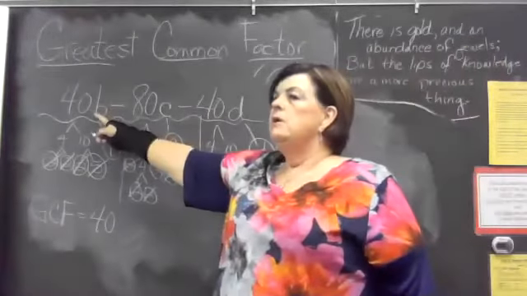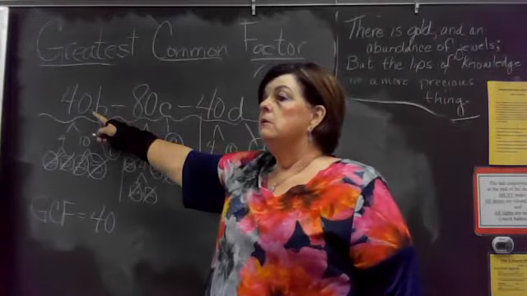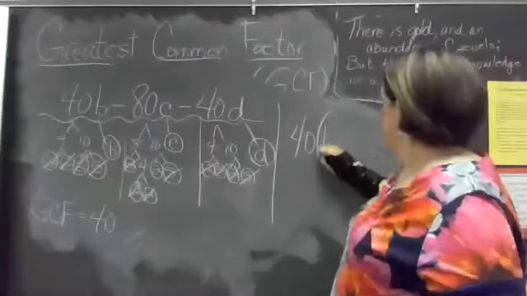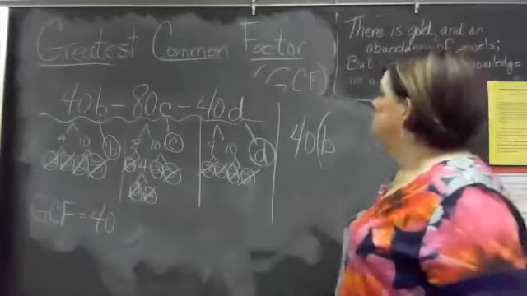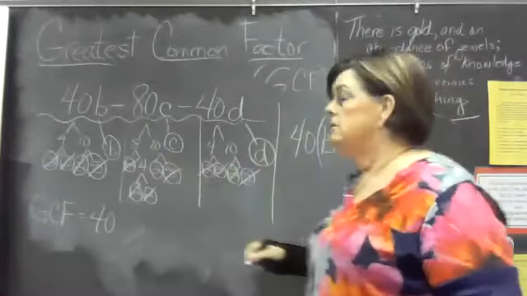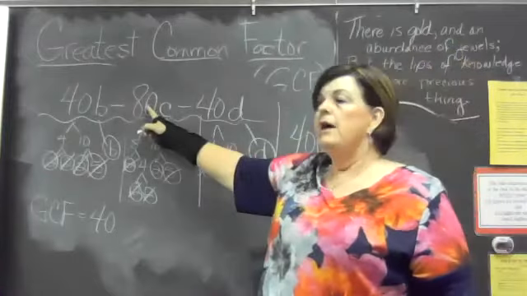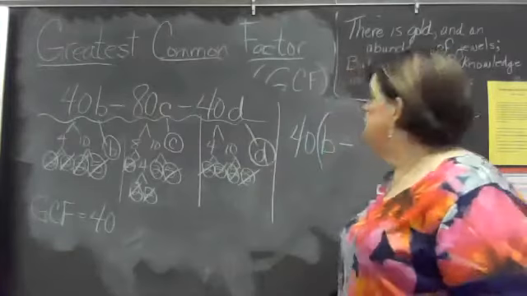So this piece right here, when I divide a 40 out of there, what have I got left? A b. Oh, invisible 1, but a b, right? Okay. And I'm hearing you guys online too. That's good. Then I use the sign. What have I got left when I divide this 40 out of here? 2c.